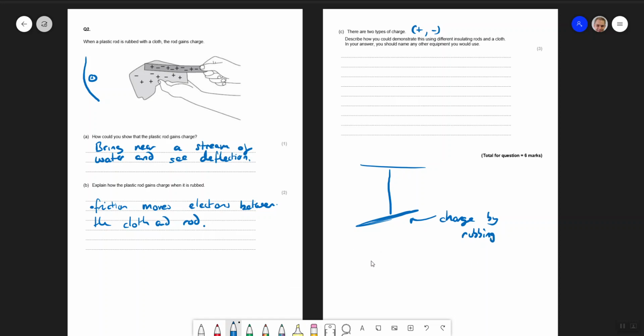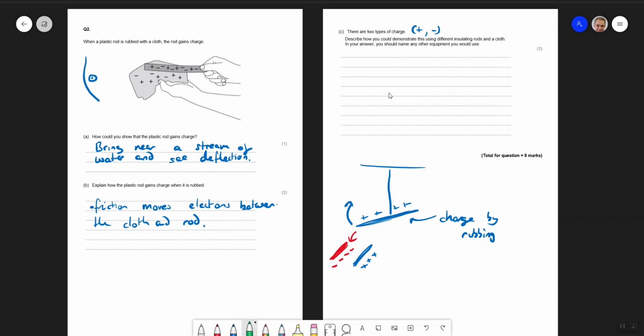Then we can bring an identical rod nearby, which let's say also gained positive charge by rubbing. When we bring it here, this is going to deflect away, because they're both positive. If rod B became negatively charged by rubbing, then we brought it across, this should be attracted towards it. So that's what we're looking for, attraction and repulsion.